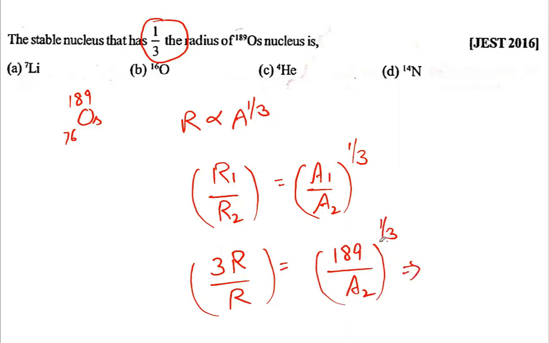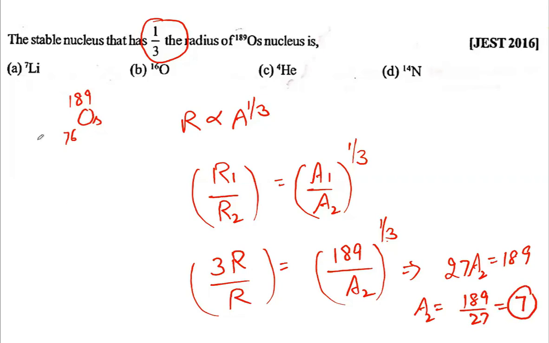So this 1/3 goes the other way around, it becomes power of 3, and you get the relation 27 A2 equal to 189. From that you can find the mass number of the other nucleus, which has 1/3 of the osmium radius, and it comes out to be 7. So the mass number 7 is that of lithium. So that is our correct option.